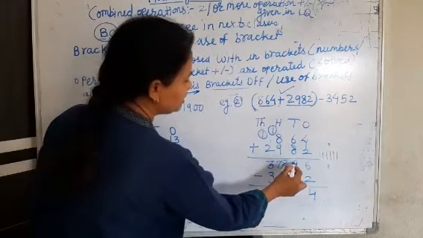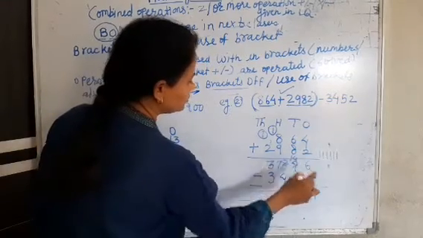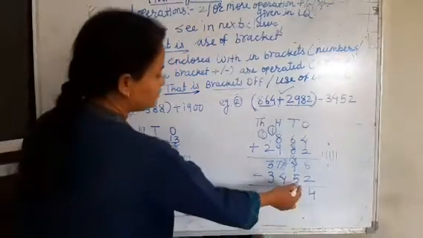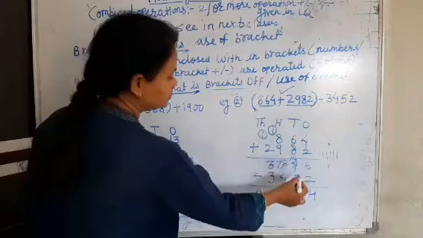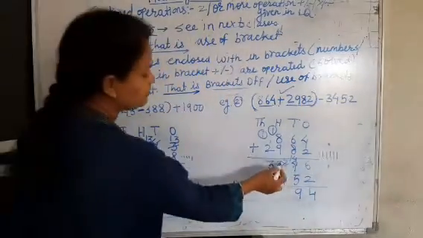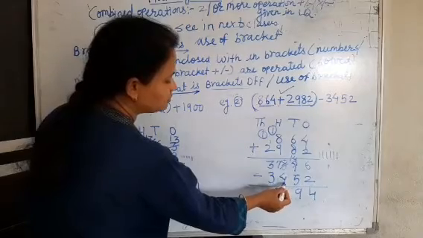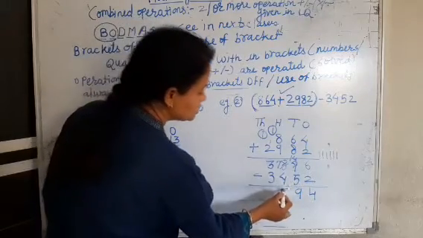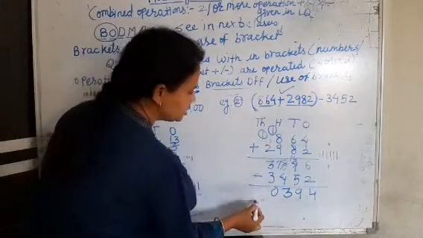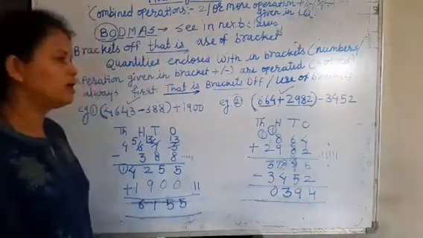Here it will be 7 and here it will be 14. So 14 minus 5, again we count after 5 till 14 and we get 9. From 7 we subtract 4 and get 3. 3 minus 3 is 0. In this way we got the answer.